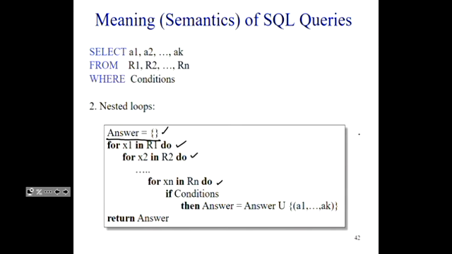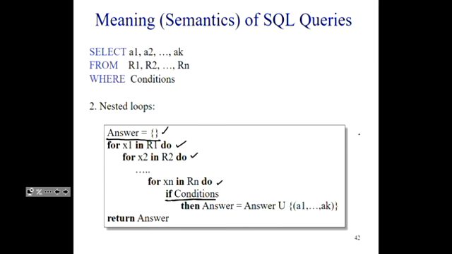So for every tuple in R1, for every tuple in R2, for every tuple in R3, all the way up until every tuple in Rn, I do something. And what is that something? I first check if the combination of tuples satisfies the condition.